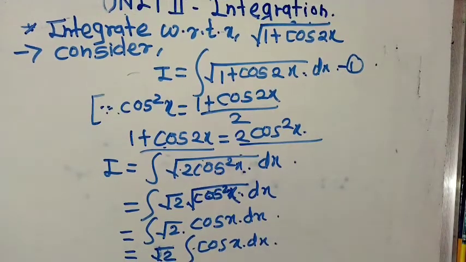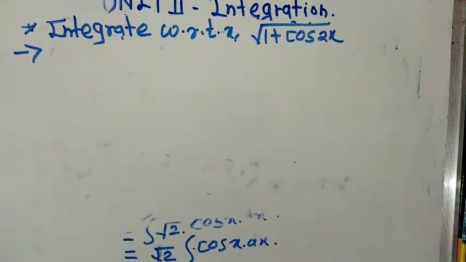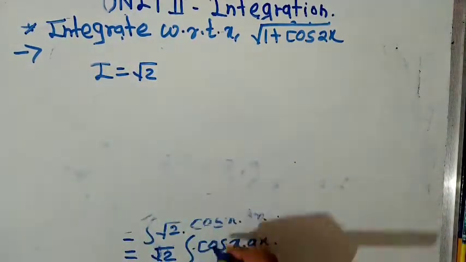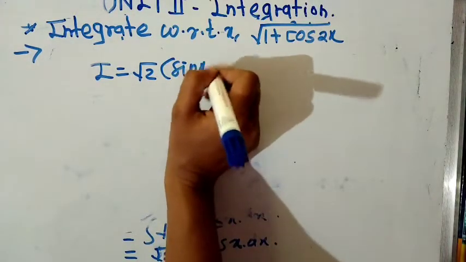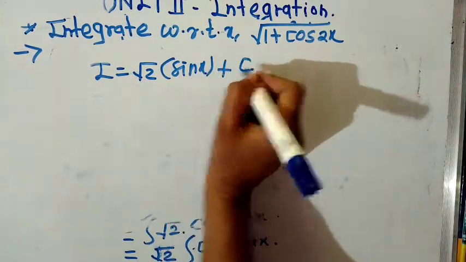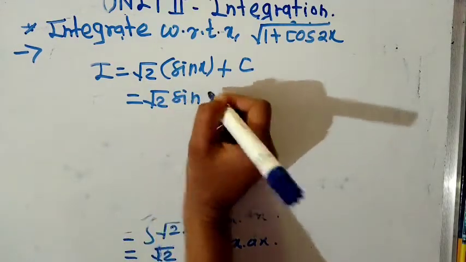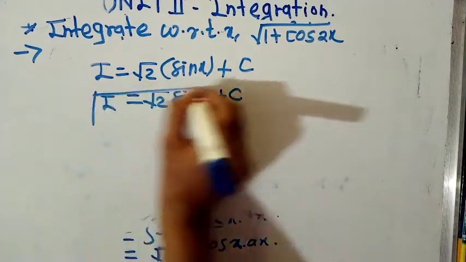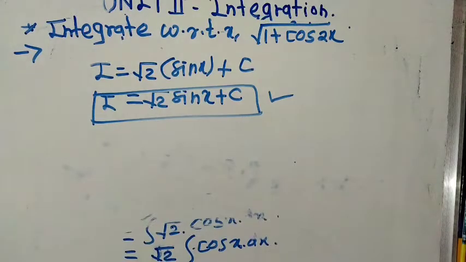But here I is equal to root 2 into integration of cos x, which is sin x plus c, which is equal to root 2 sin x plus c, which is the integration of this interval.